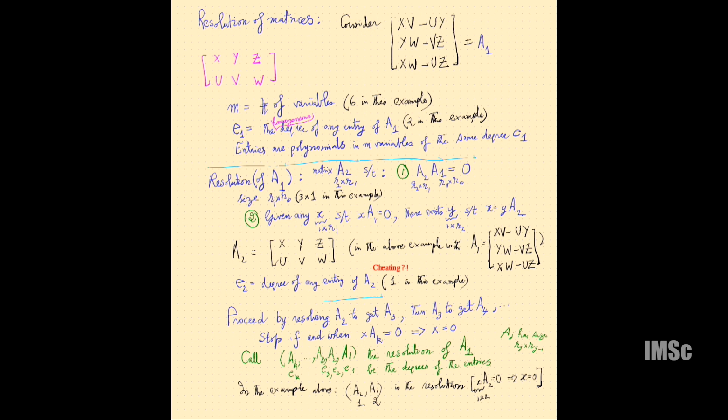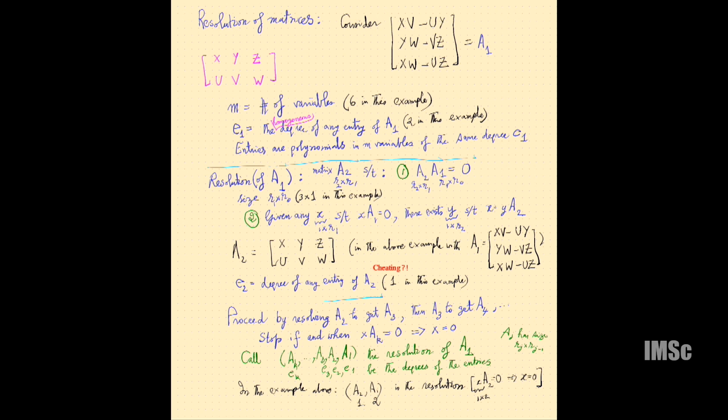All matrices will have the same property: their entries are all homogeneous polynomials of the same degree. The degree for A1 could be different from the degree for A2, as we will see, but these properties hold. They are polynomials in the same number of variables, and all entries are homogeneous.